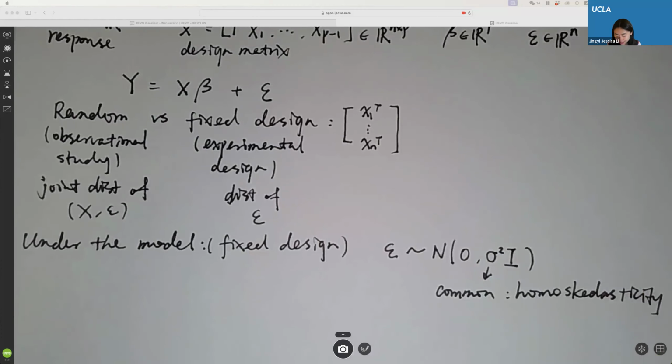Furthermore, we can plug in the formula for beta hat, which, if you still recall, is X transpose X inverse X transpose Y. Now both terms are based on Y, the response, and we can combine them into one term. We can write it as the identity matrix, which is n-dimensional, minus X (X transpose X) inverse X transpose, times Y. Okay, this is the residual vector formula.